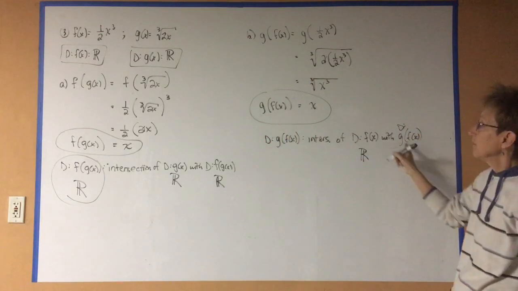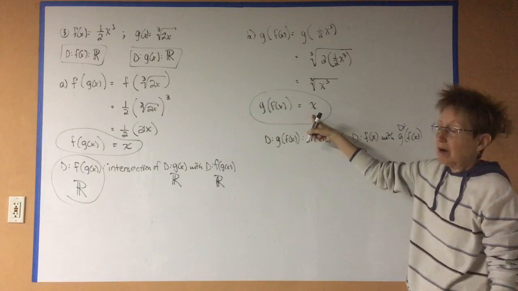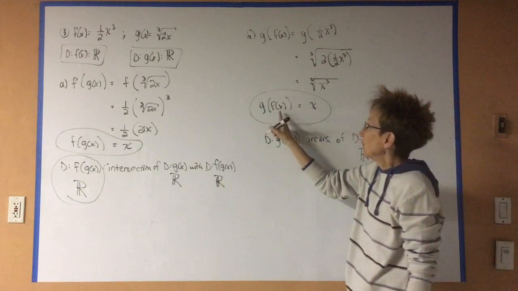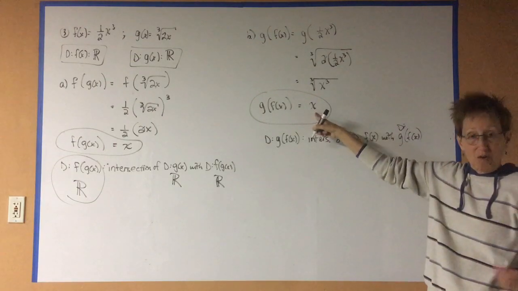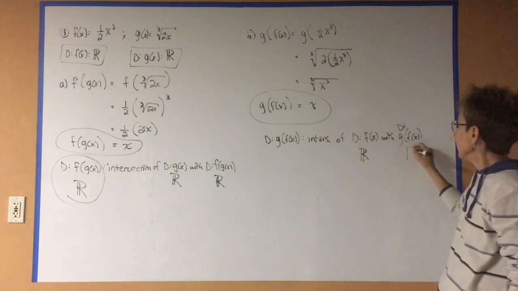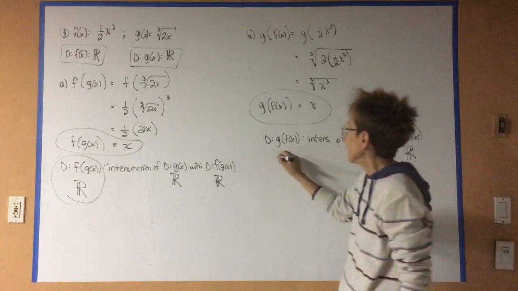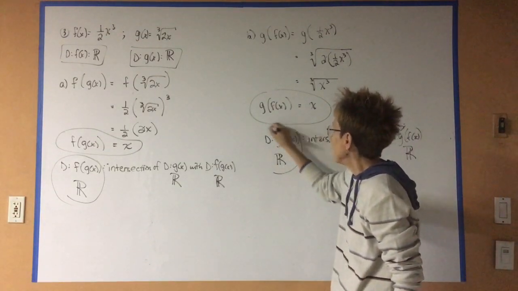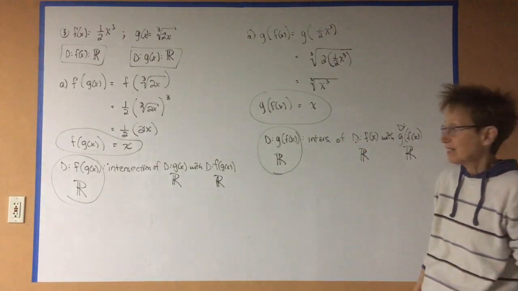The domain of the simplified composite function, the domain of x, is just all real numbers. There's no restrictions there. So when I intersect all real numbers with all real numbers, I get all real numbers for my final answer for the domain of the composite function g of f of x.